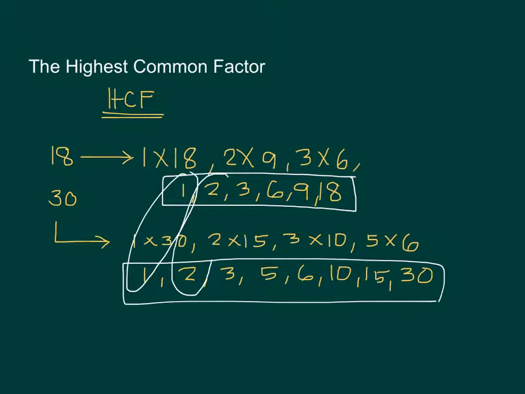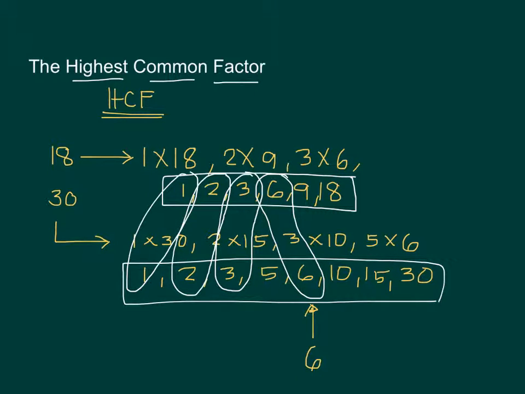Both of them have 2 as a factor, also 3, also 6, and not 9, not 18. So the highest common factor is the biggest of the numbers that I encircled, and that is 6. So the HCF of 18 and 30 is 6. So that's how you find the highest common factor.